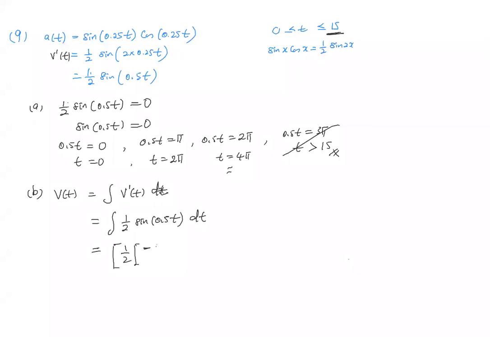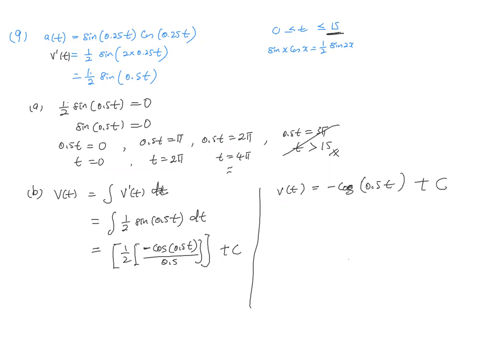Negative cos, right? Then plus c. So your Vt is equal to negative cos 0.5 t plus c. The 0.5 divided by 0.5 gives 1, so you can use your calculator and get it.